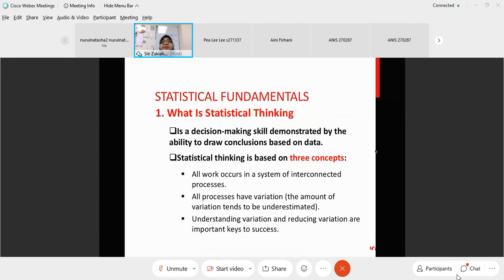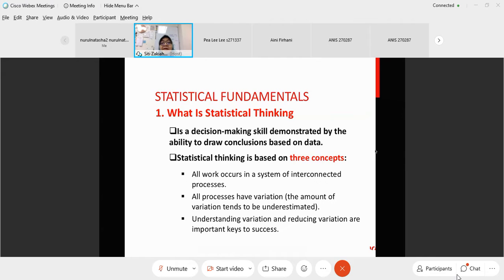Kita rasa variasi tu sikit je, tak ada masalah, right? But actually, benda tu can affect, right? Kalau kita biar saja dan tidak diambil kira, variasi tu akan mengacau proses tersebut, and you can make the process to be unstable.